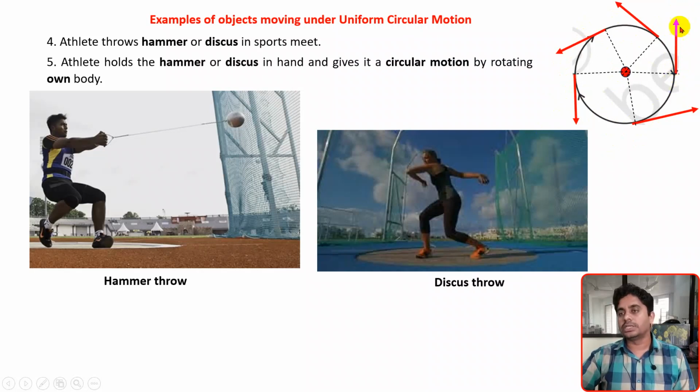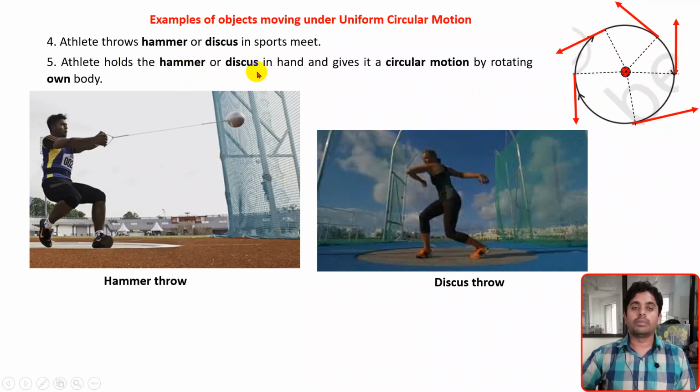Here it is moving in a straight path. At this position it will go in a straight path tangential to this circle. Suppose at this position they release, then tangential to this circle, in this direction it will move. So the object will travel in a straight path, but it is tangential to that circular orbit.